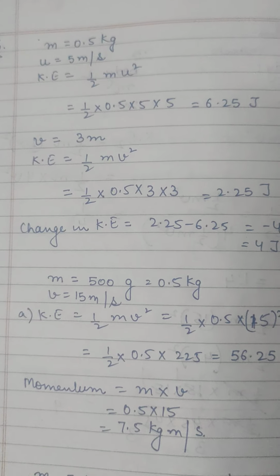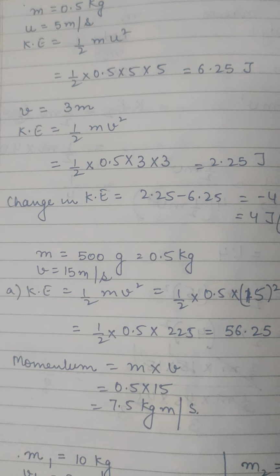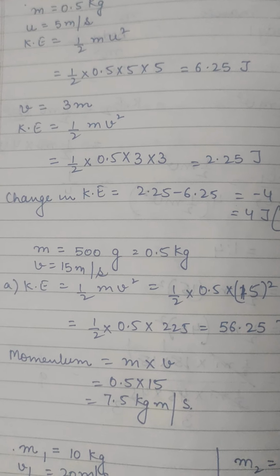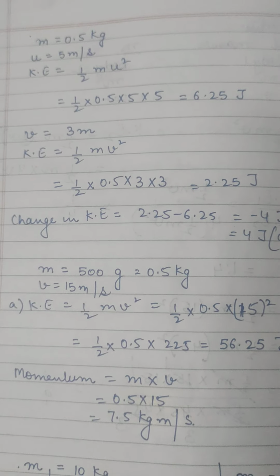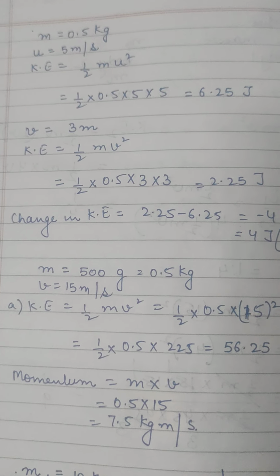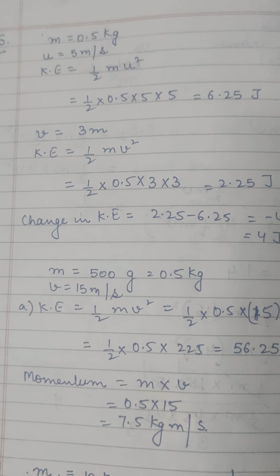15th question. A boy of mass 0.5 kg slows down from a speed of 5 meter per second to 3 meter per second. Calculate the change in kinetic energy. See beta, this question you can do in two ways. Either directly write the subtracting formula, half mv square of the first minus half mv square of the second, or you separately find them out.